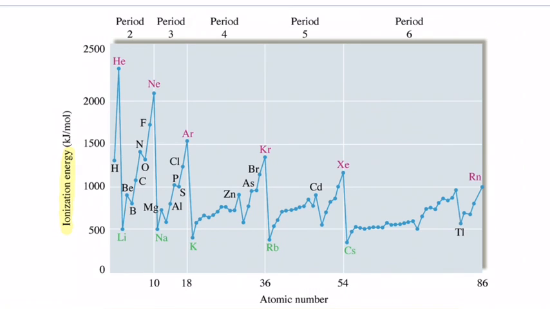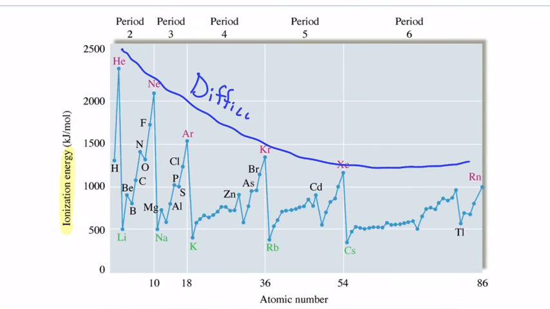The higher it is, the harder it is to remove, okay? So these are difficult to remove an electron, and these are easy to remove, or easier.